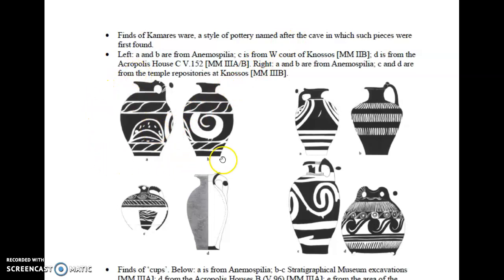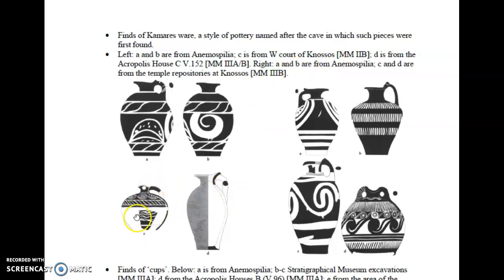What we can see here, A and B, these are from Anemospilia. C is from Knossos, and D is from the Acropolis House. So what we need to do is think, right, do these shapes resemble the shapes from other places from the same time period closely enough to say, yes, they were made at a very similar time, and therefore we can say that what's happening at Anemospilia is happening at the same time in Knossos.